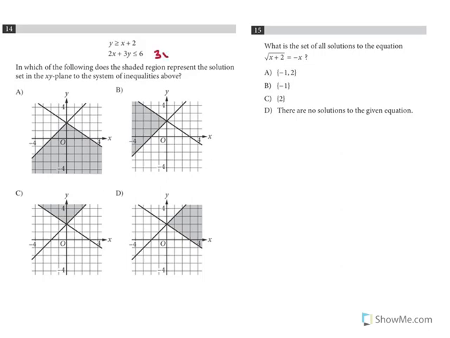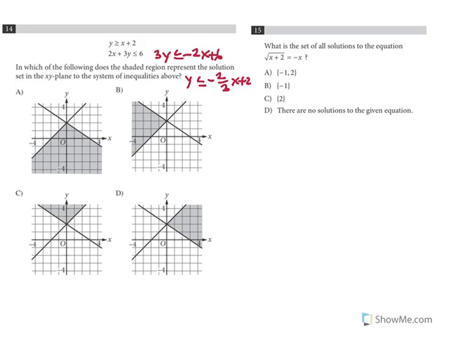That will give us 3y less than or equal to negative 2x plus 6. And we have y less than or equal to negative 2/3 x plus 2. Now, what we're looking for is which answer choice has the shading above the positive slope and below the negative slope.